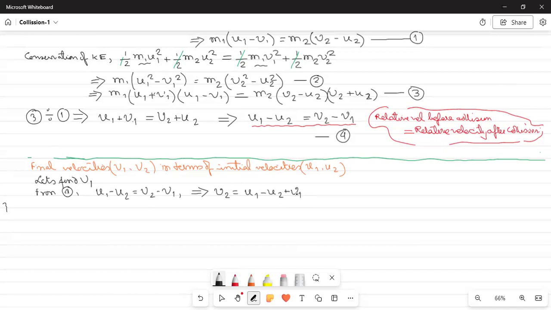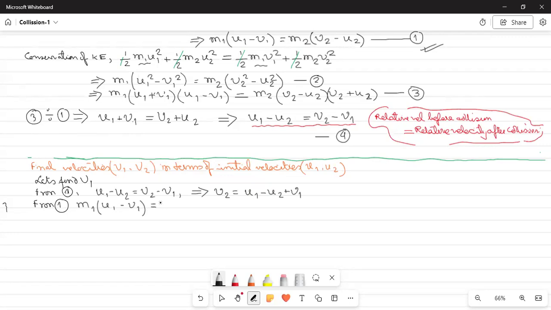Then we go to equation 1. So now from equation 1, we find m1 times (u1 minus v1).